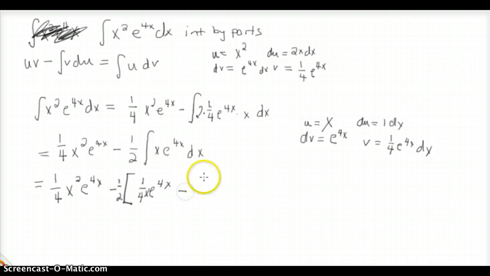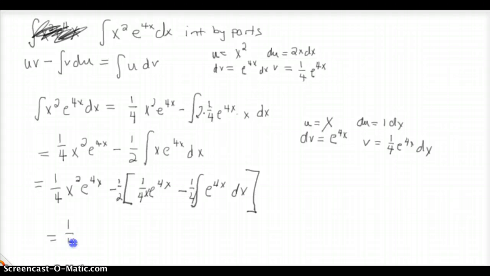And then we're going to subtract the antiderivative of v, right, I'm just going to pull that 1/4 out again, and it's going to be times du, so e to the 4x. du is just 1 dx, so we can just put that in there like this. That whole quantity is going to be multiplied by 1/2 because we had that 1/2 outside beforehand.